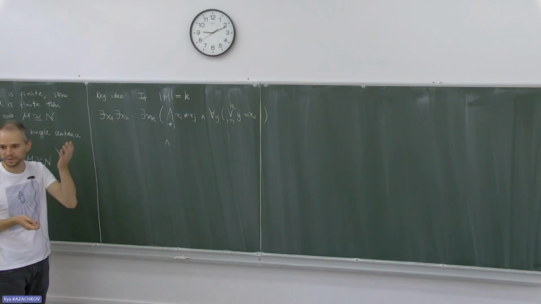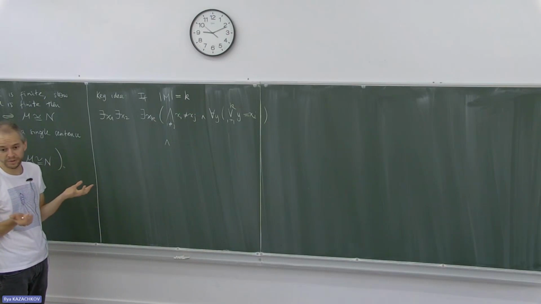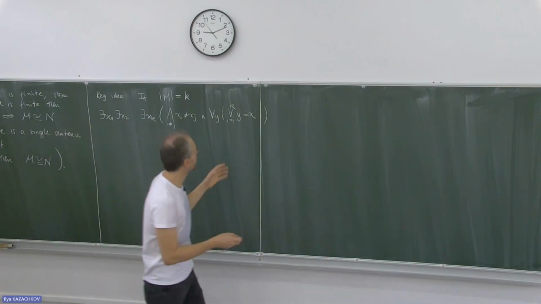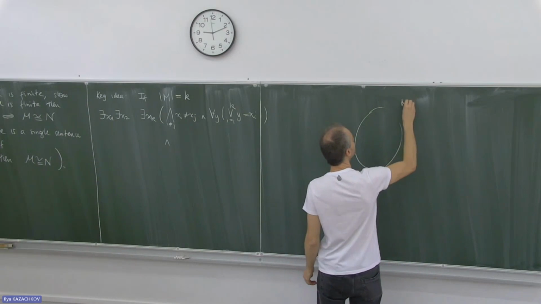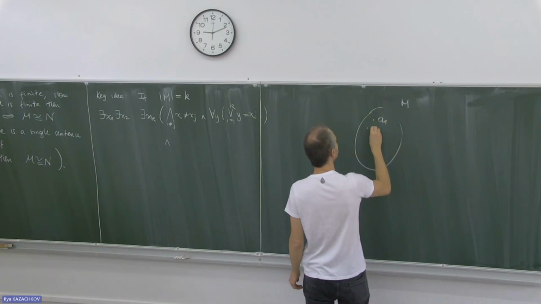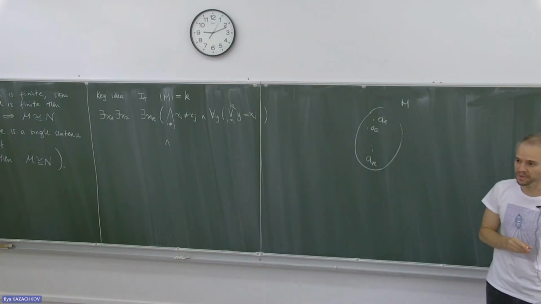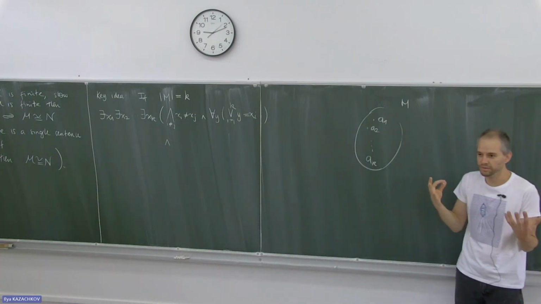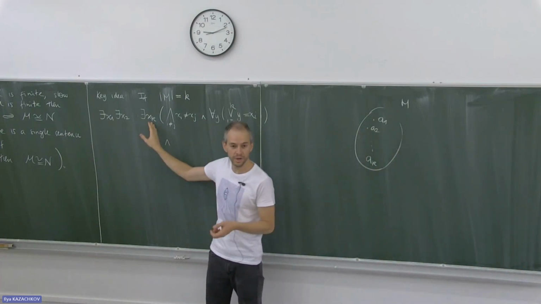Basically, this is what we were saying about the multiplication table. So for example, if I have a relation symbol, then I need to say exactly which elements are going to be in the relations and which are not. Suppose your M is here, and here I have A1, here A2, and here my points AK in M. I'm trying to think of these elements as being precisely x1, x2, up to xk.